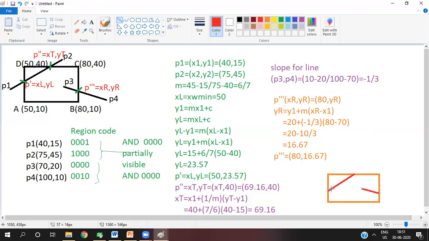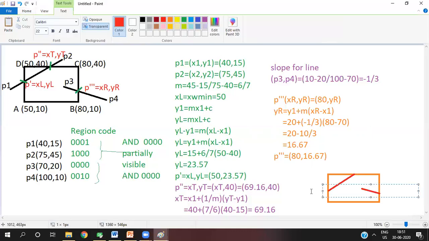Fine. So what are the points now? Window point won't get changed. Window point will be as it is. Just I will write the P dash. 50 comma 23.57.